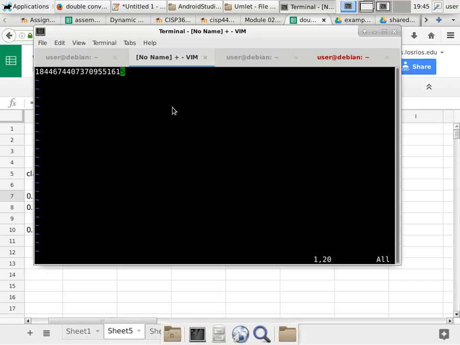Why 5? Because I have to divide it by 2 and then multiply by 10. Or if you use a 10 here, that works.